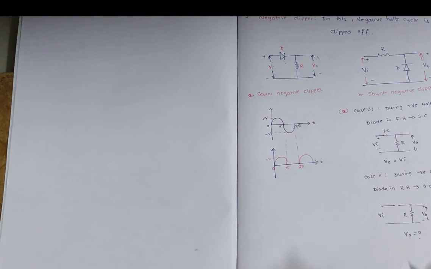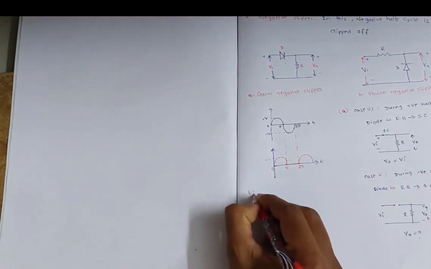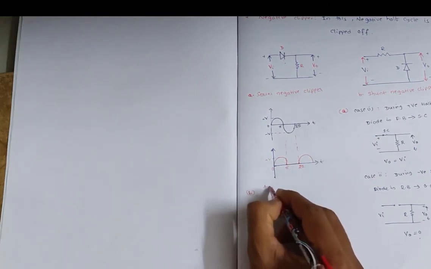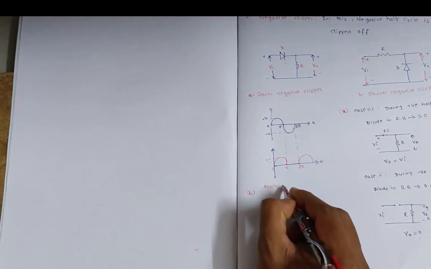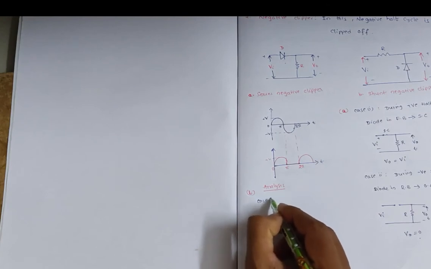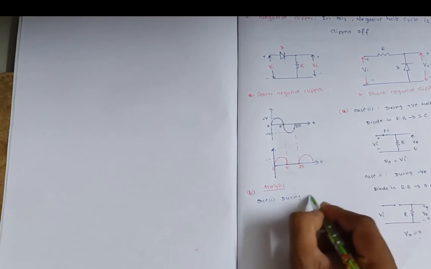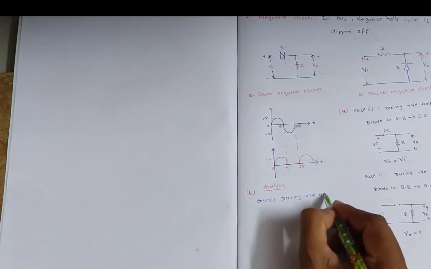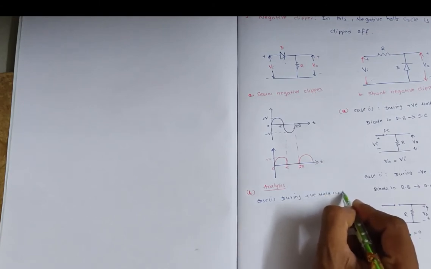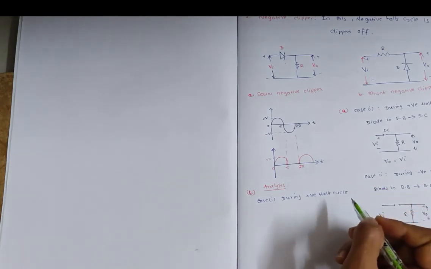For the analysis of the shunt negative clipper, again we will consider two cases. One is during the positive off cycle and the second one is during the negative cycle.